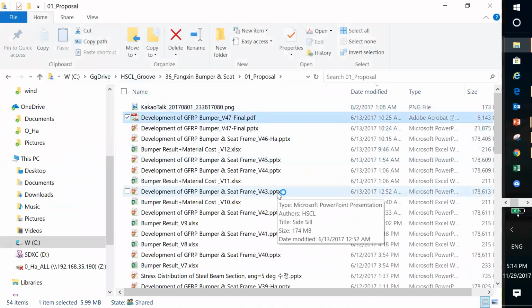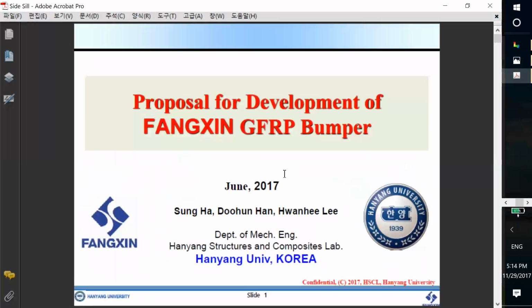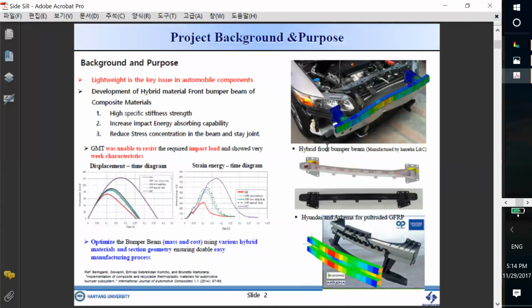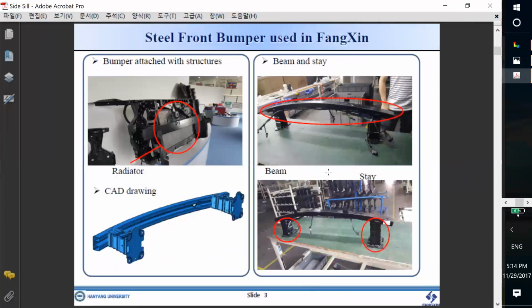This is one of the parts in an automobile, and this is a Chinese company's bumper, and all the bumpers. The role of the front bumper is to absorb the impact forces, and it used to be made of metal. It's simply too heavy.